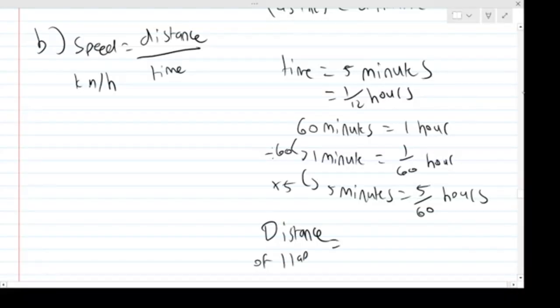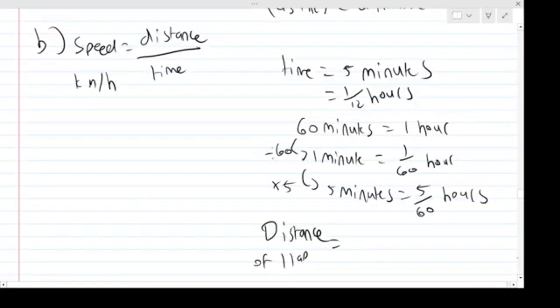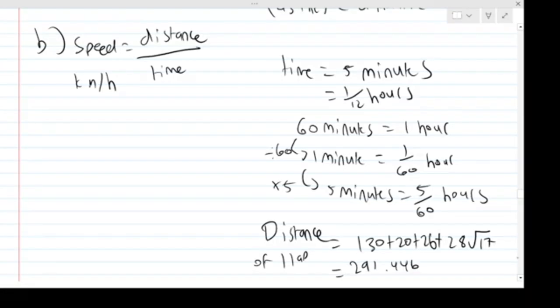What are my sides? 130, 20 and 26, add my 28 root 17. If I do that, then I get 291.446 and so on, and that would be in meters, right?